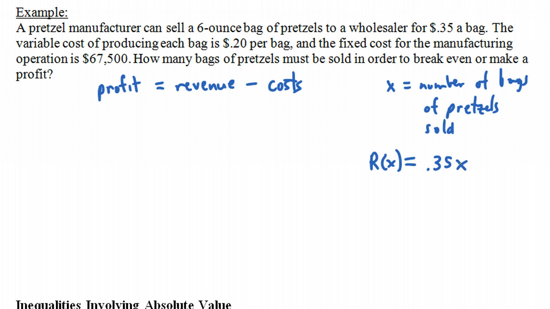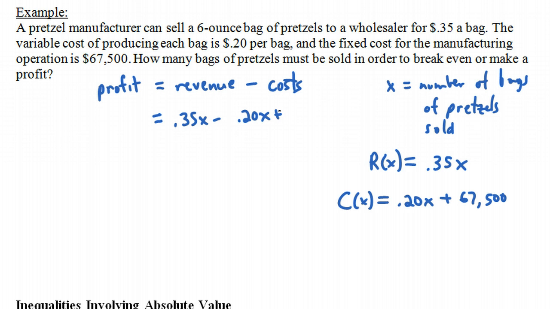It'd be 0.35 times 100, or $35. Now the costs, which we'll call C of x, are 20 cents per bag, so 0.20x, but in addition they have some fixed costs of $67,500.